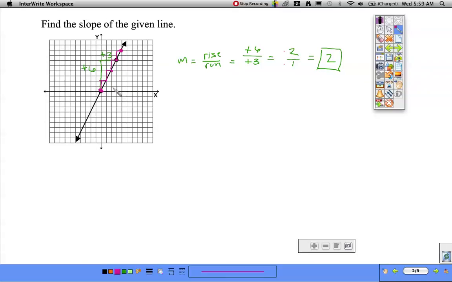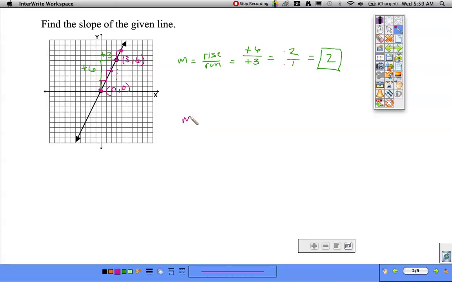If I didn't want to do it that way, I could have used the formula as well. This is the point (0, 0). This is the point 1, 2, 3, 1, 2, 3, 1, 2, 3, 4, 5, 6. So this is the point (3, 6).